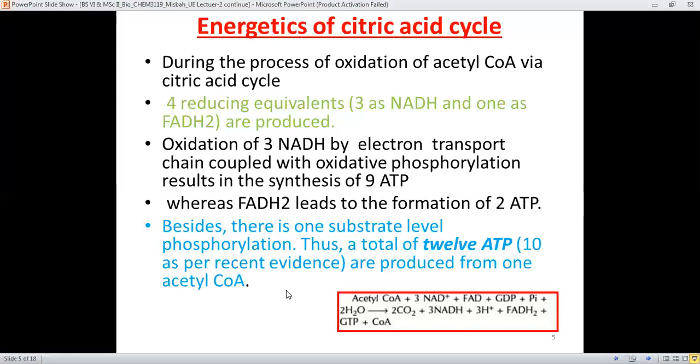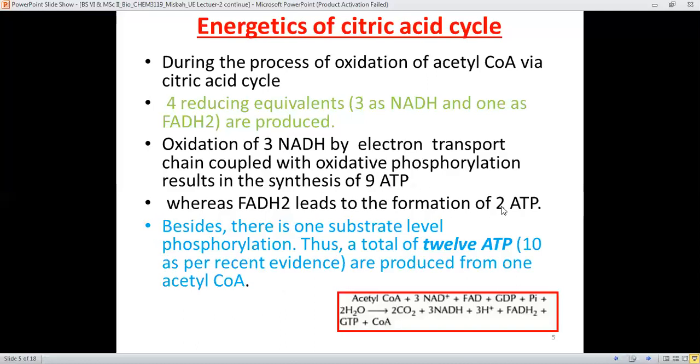And how many ATPs are generated? 3 into 3, so 9 ATPs are generated from the oxidation of NADH to NAD, whereas FADH2 leads to the formation of 2 ATPs.